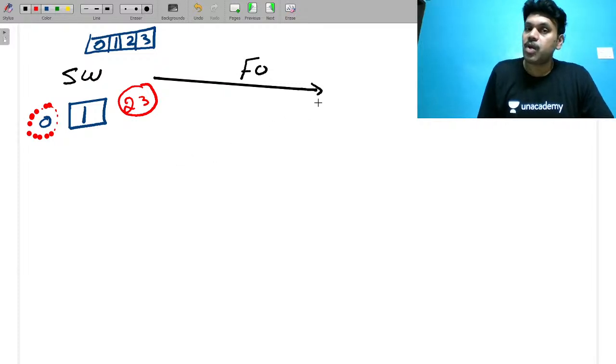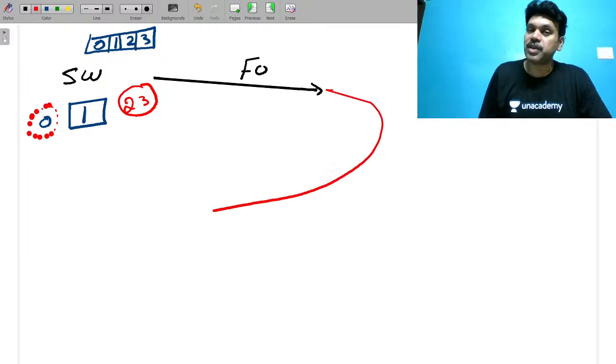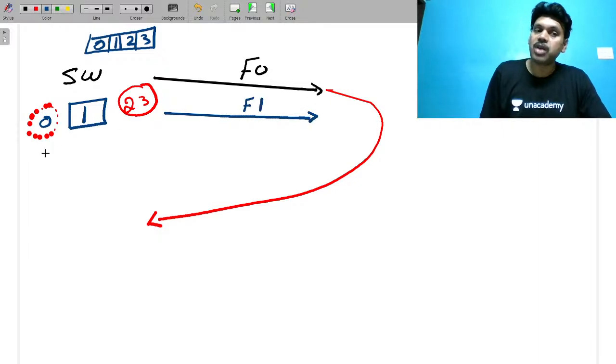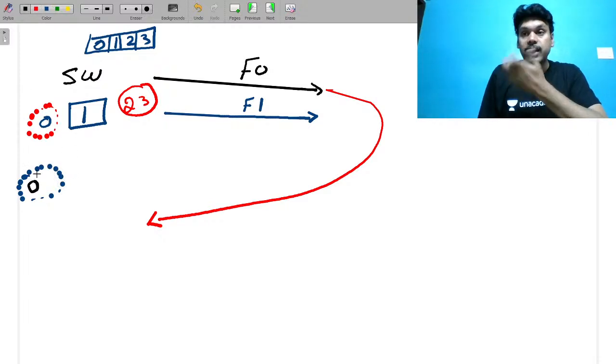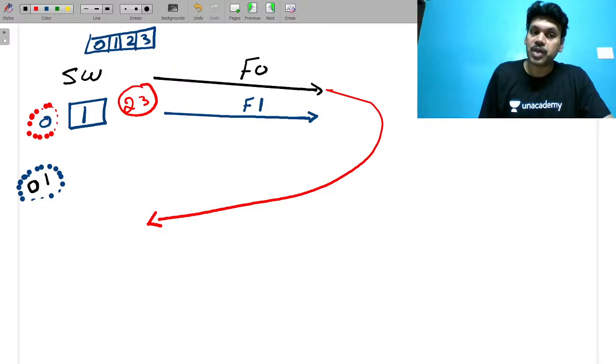Now, once you get the acknowledgement, please observe. Before the acknowledgement arrives from the other side, the sender keeps on transmitting another frame, that is frame 1, which goes to the buffer. Now your buffer consists of 2 frames: the earlier one, 0, which is to be acknowledged, and the current one, 1, which is also to be acknowledged.